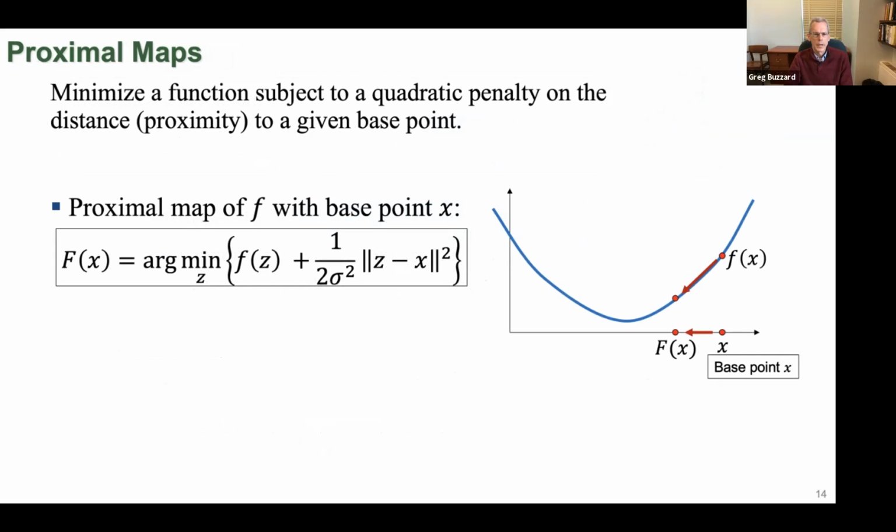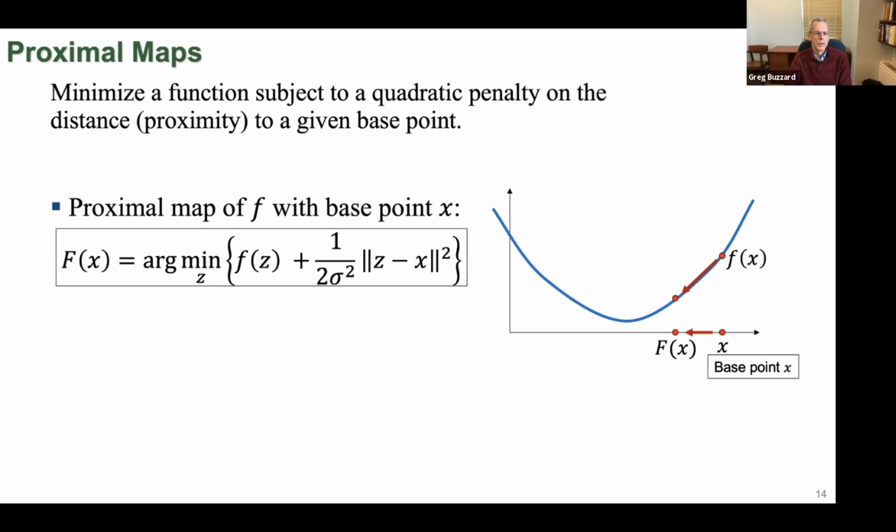Okay, and this ADMM algorithm uses the idea of what's called a proximal map. So a proximal map takes some base point as input, and we can think of this, we're going to have some iterative algorithm. At some point, we've got an input possible candidate reconstruction. We want to take one step, not a complete minimization of this data fitting term, but one step towards minimizing starting from this base point x.